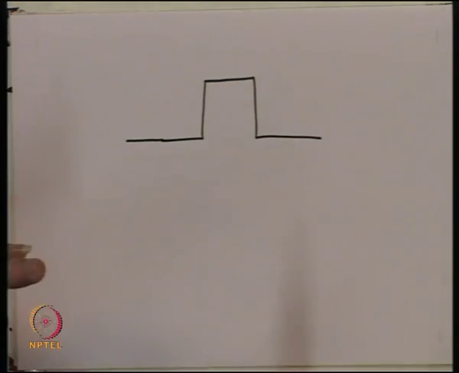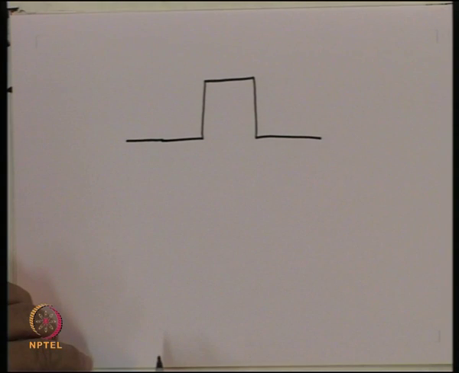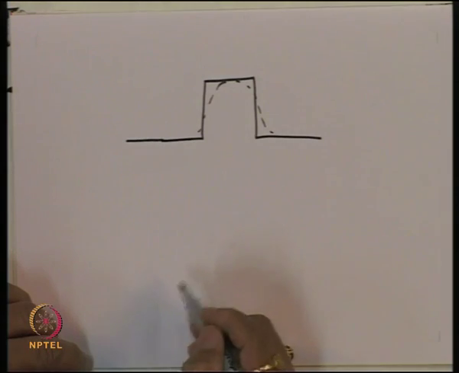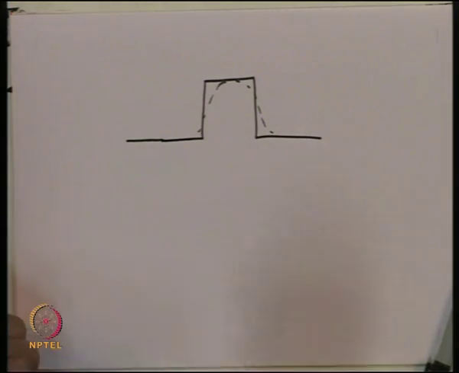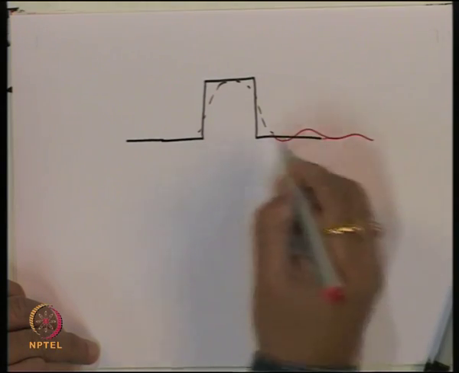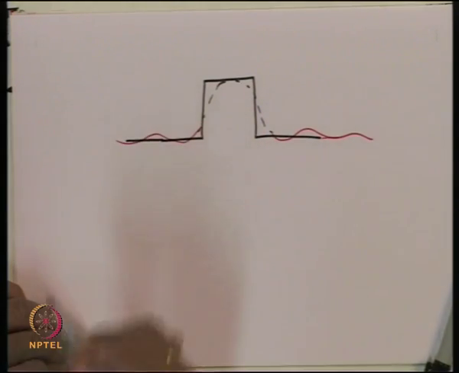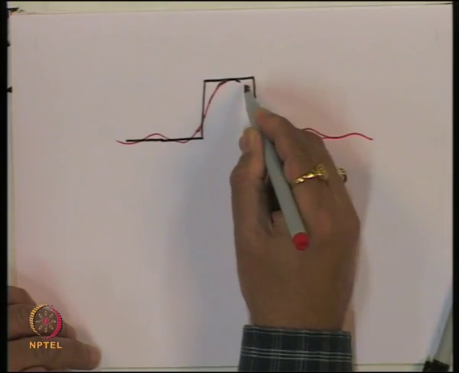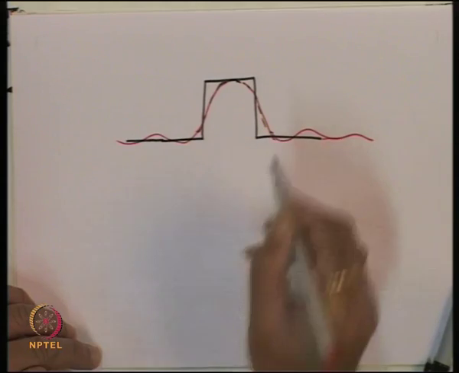However, because of the finite bandwidth of the receiver, the pulse firstly will get blurred, so you will get a slow transition like that. But in addition to that, you will also see that there is some fluctuation of the signal which is going to be taking place. So, the actual data pulse which you receive is going to typically look like that.